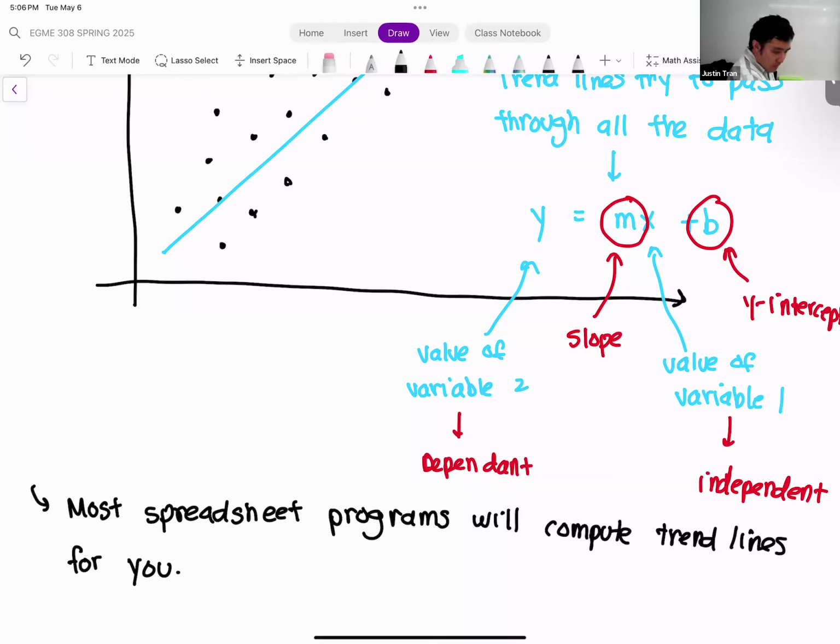Okay. So unfortunately, we don't have time to go over the methods in terms of how that happens, but I can give you at least the name of the method. So most spreadsheet programs will use a method called least squares.